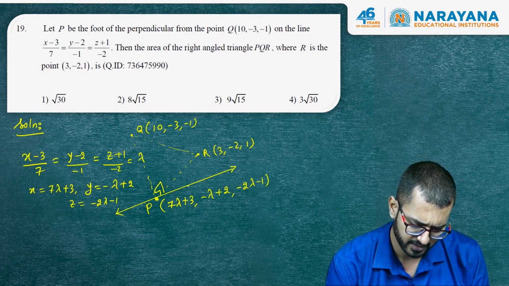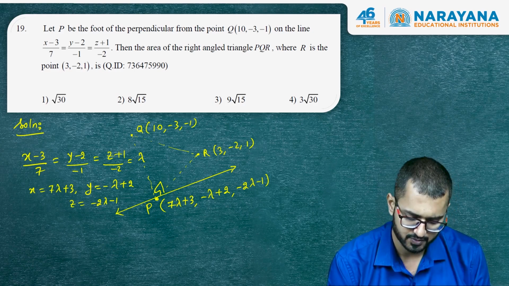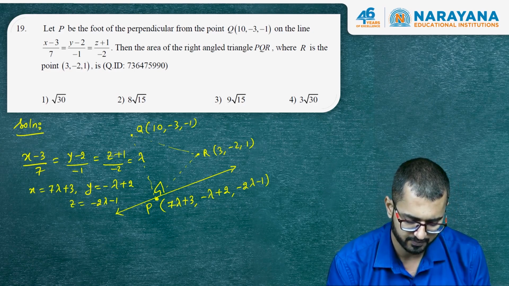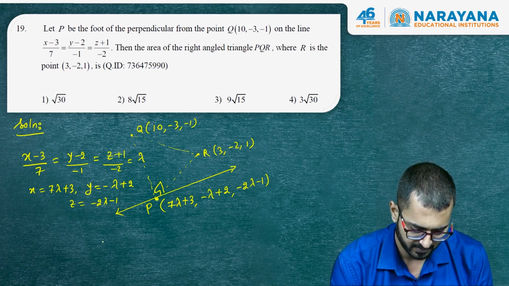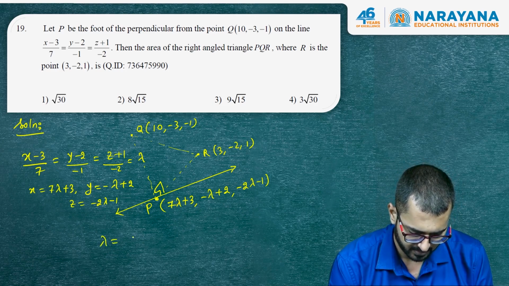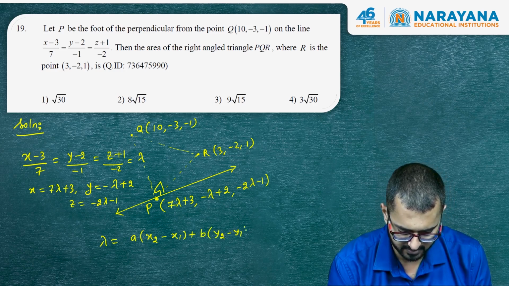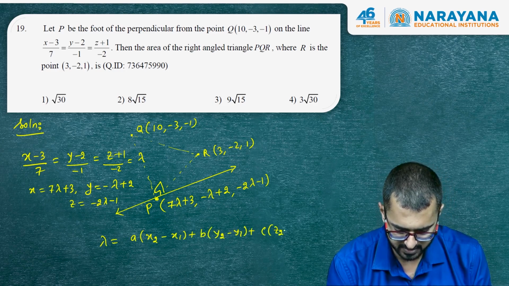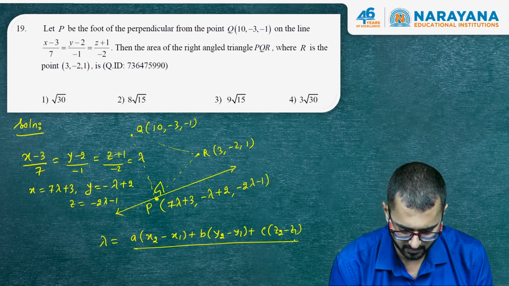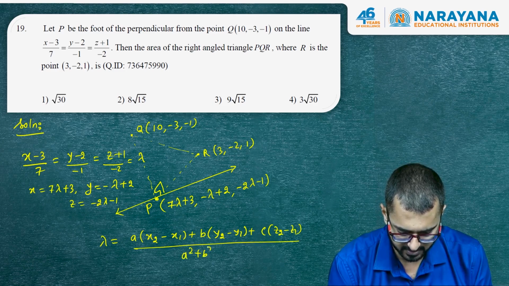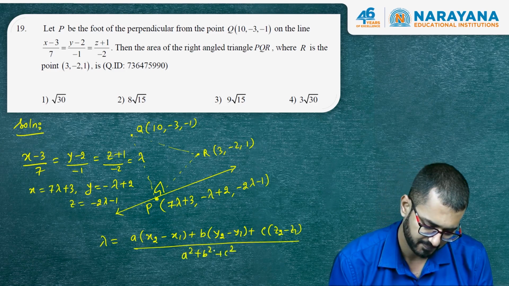Now for this point I just need the lambda part. So for that we can directly use lambda equal to a into x2 minus x1 plus b into y2 minus y1 plus c into z2 minus z1, over a square plus b square plus c square. Correct.